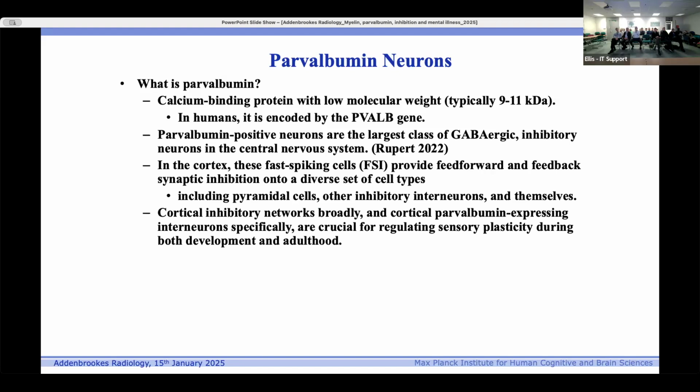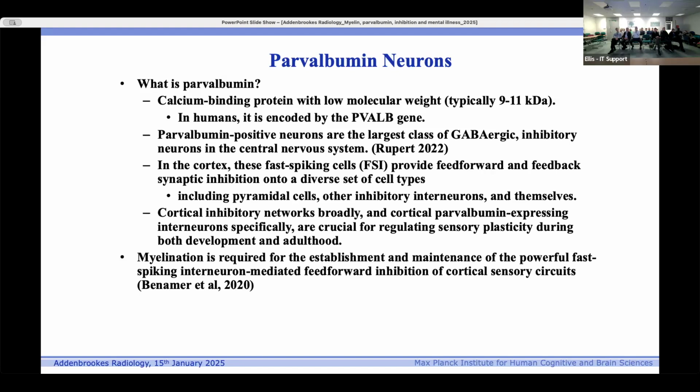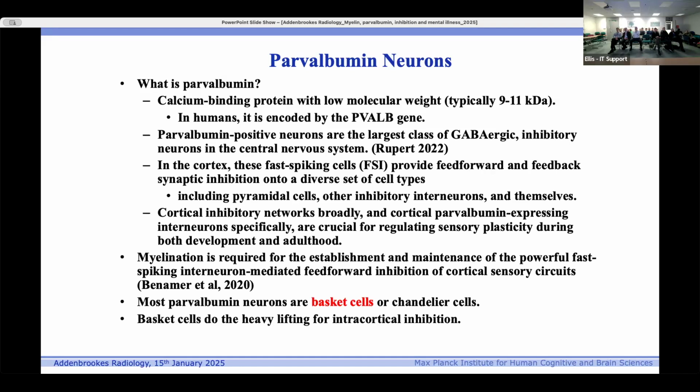They're crucial for regulating sensory plasticity. And myelination is required for the establishment and maintenance of powerful fast spiking interneuron-mediated feed-forward inhibition of cortical circuits. Most parvalbumin neurons are basket cells or chandelier cells, but it's basket cells that do the heavy lifting for intracortical inhibition. So these are facts that one should understand if one understands the cortex at all.